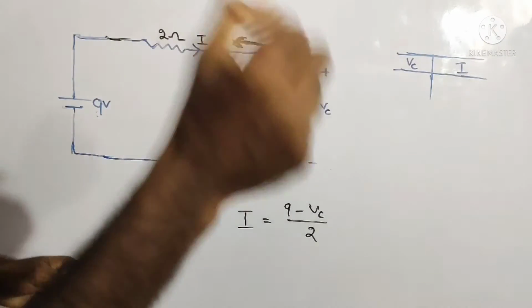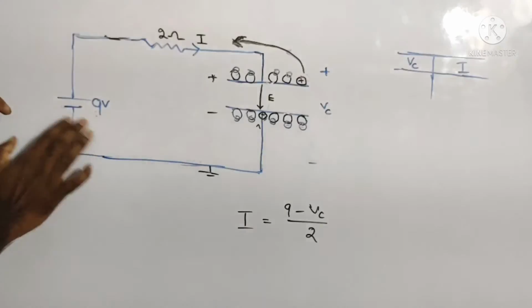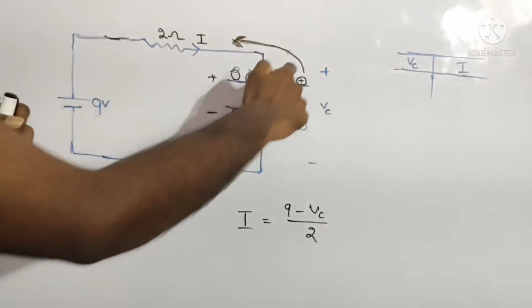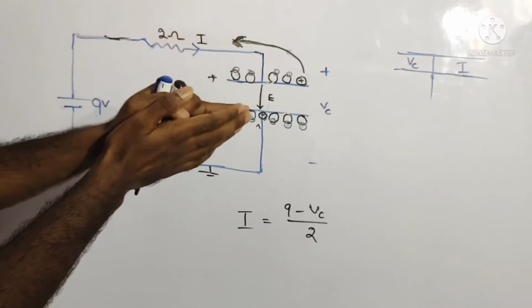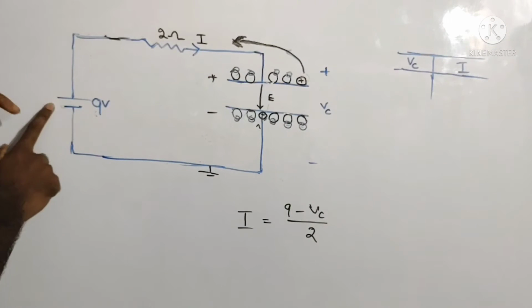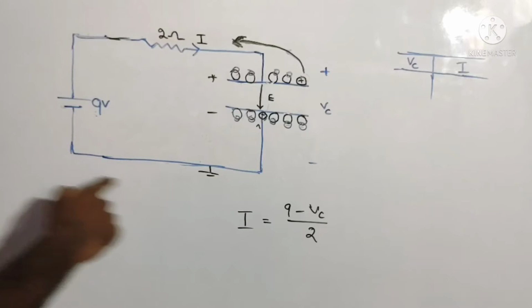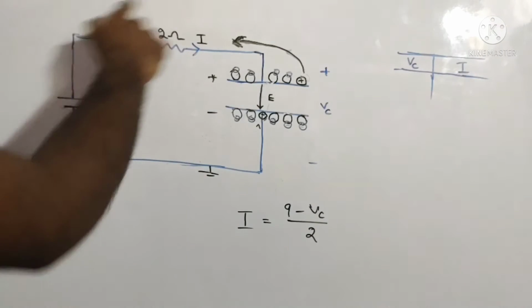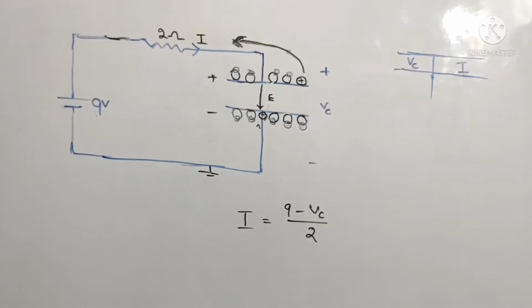So this is now having some potential. If I remove this 9 volt source, this will go and balance out. That is the nature. But this guy is preventing the electron from going back to its original position.